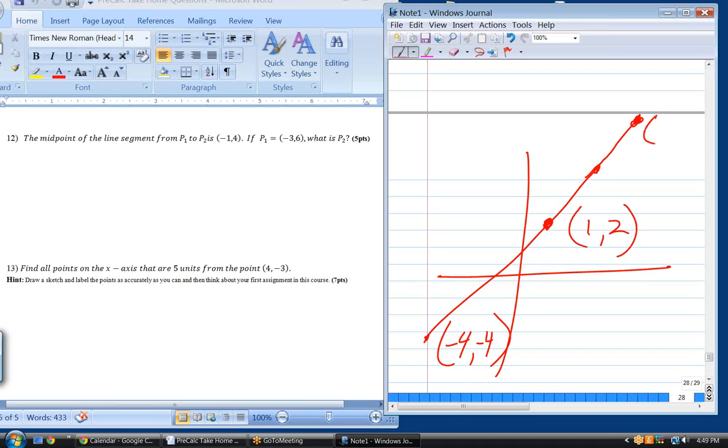In other words, this problem here is they give you the first point, and that's the midpoint of the line. Now let's do my problem first, and then we can apply it to this. This question 12 is giving you the endpoint and the midpoint, and it wants the other endpoint.